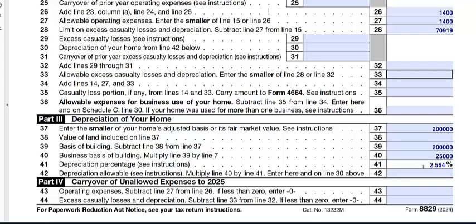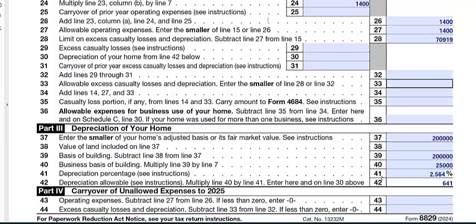So when we multiply the 2.564% times the 25,000, our depreciation deduction is $641. And we're going to take the $641 and bring it up to line 30. And then we'll just bring it to line 32.